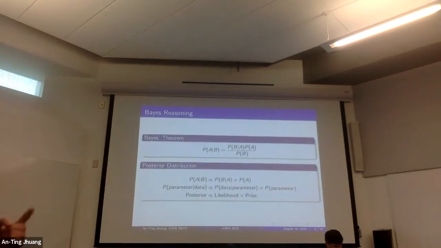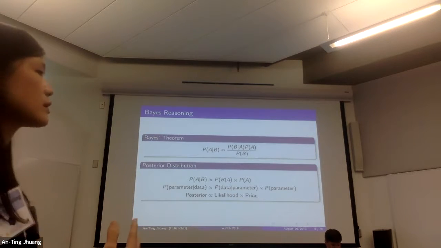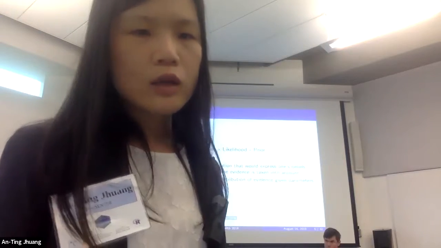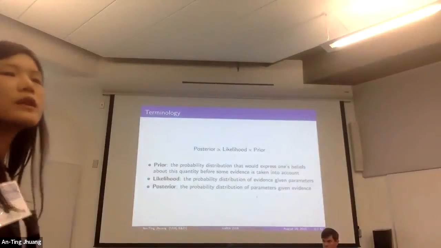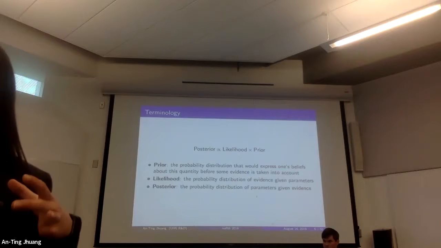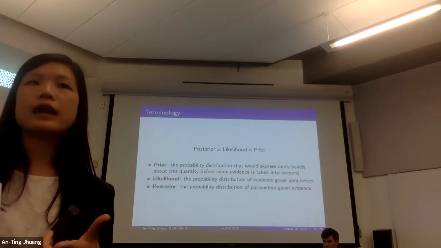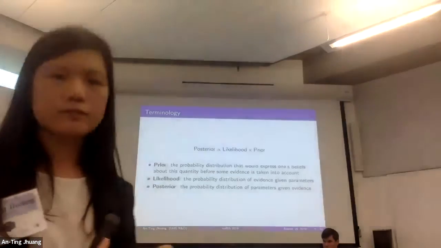We believe the parameter follows a distribution, and we call it a prior. So I think there are 3 big terms in Bayesian statistics: posterior, likelihood, and prior distribution.